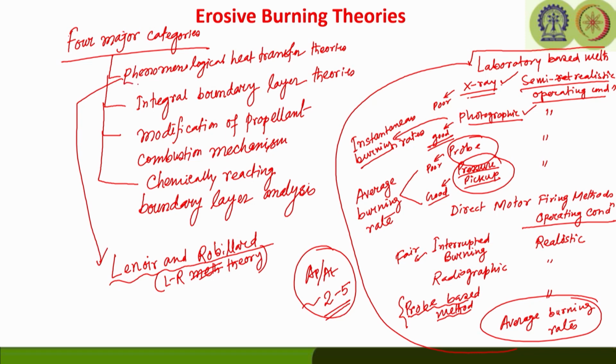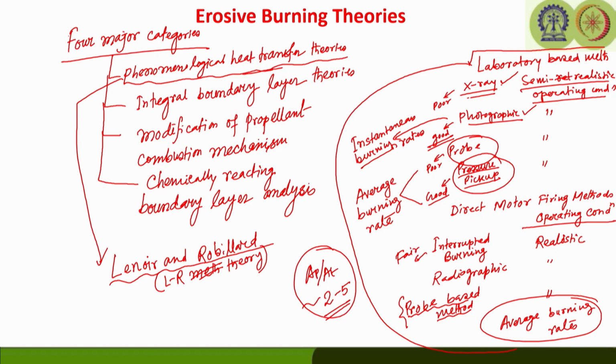So, this theory is based on the phenomenological heat transfer analysis. The participants are requested to look at other theories to enhance their knowledge, but just to focus our discussion, and within the scope of the course, we will discuss only this heat transfer based theory.